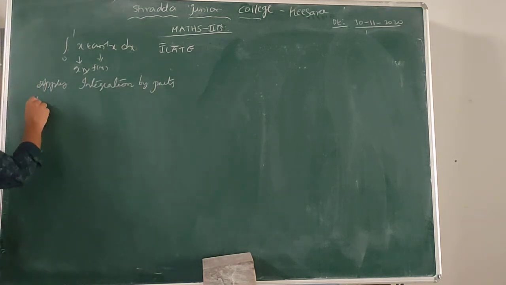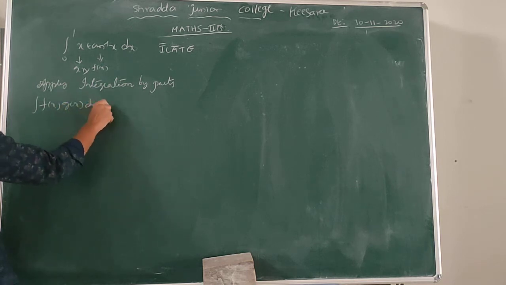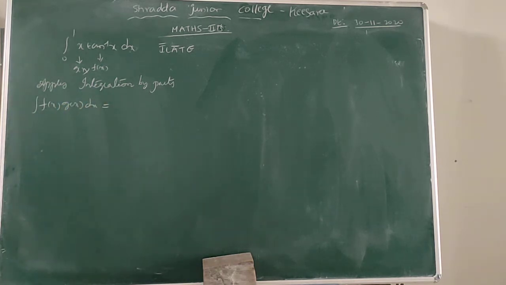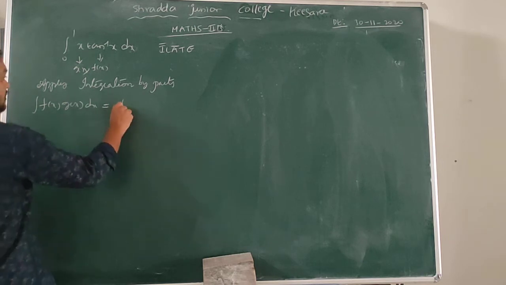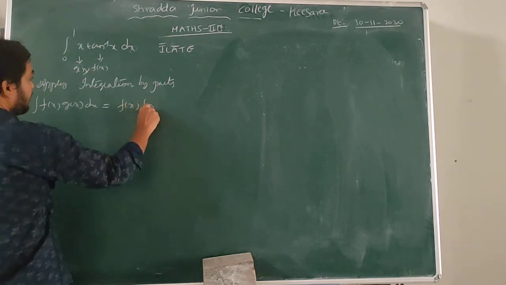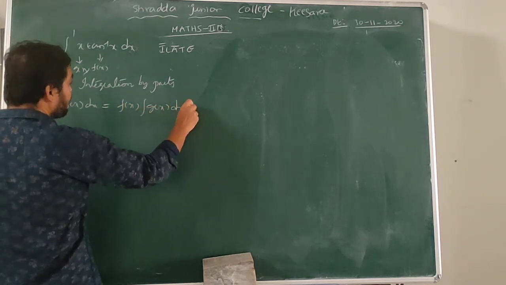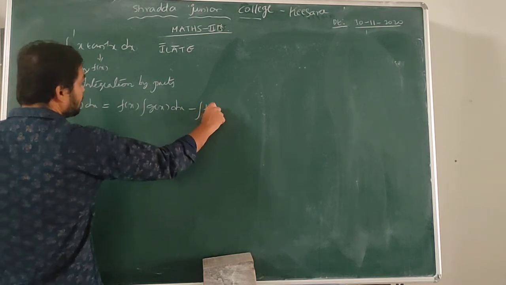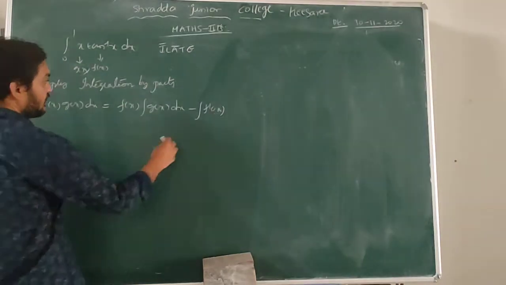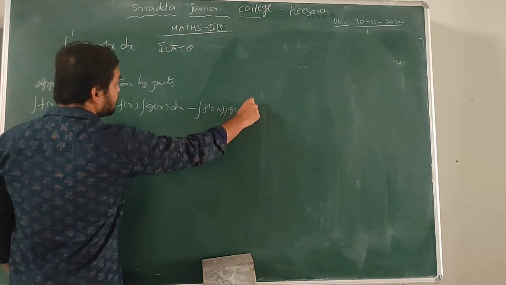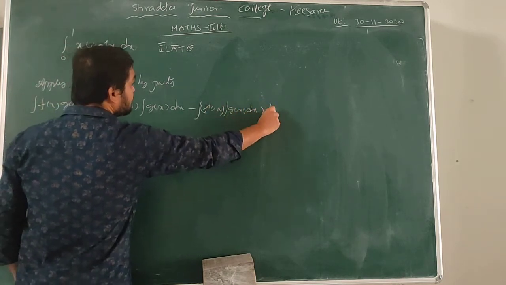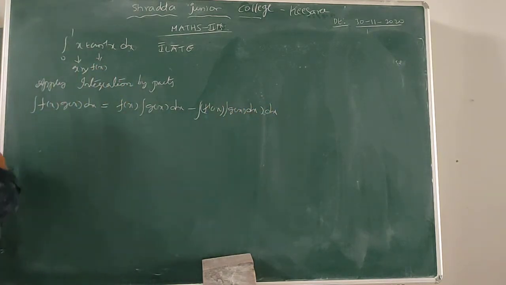So what we are getting here: integration f of x g of x dx is equal to f of x integration g of x dx minus integration of f dash of x into integration g of x dx, whole dx.